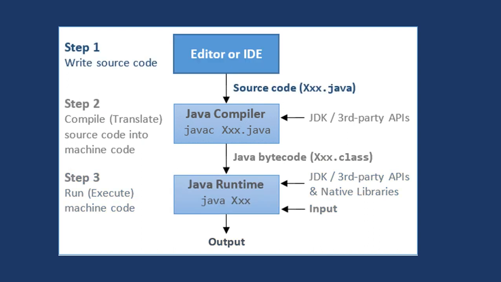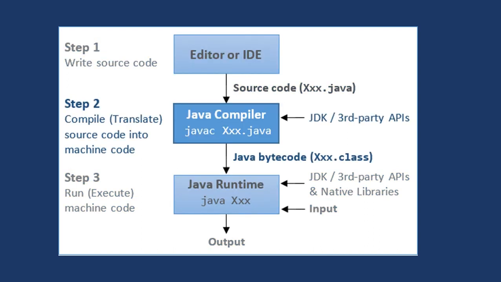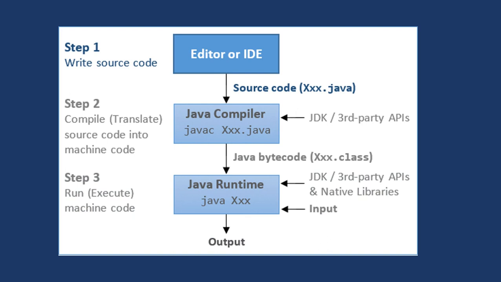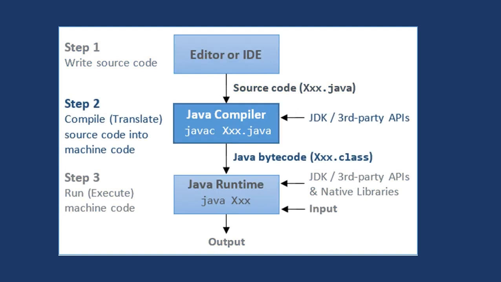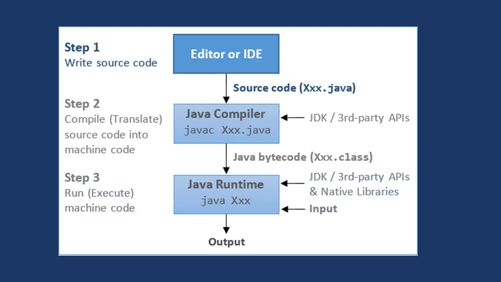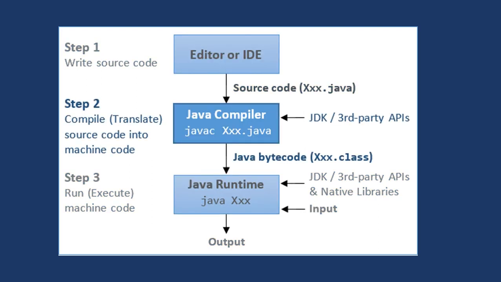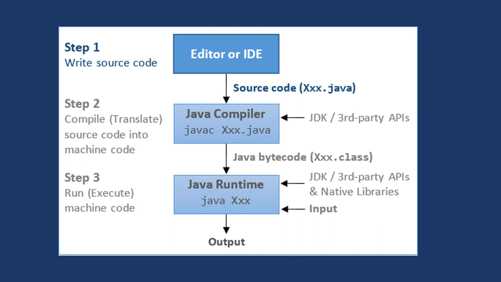Second, this Xxx.java is compiled by the Java compiler. Look carefully at the syntax of how to compile a Java program. It is javac filename.java. In the command prompt, after setting the path, if you want to compile your Java program, you must navigate to the folder where the file is actually located.